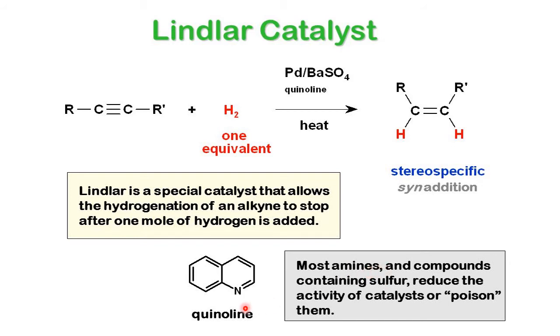Most amines, and this comes under the amine category, and compounds containing sulfur reduce the activity of the catalyst or poison it. So once you take quinoline with this, it will favor the reaction. Further addition is very difficult because quinoline acts as a poison for this catalyst. So automatically the addition reaction stops soon after. What is required from alkyne to alkene? Conversion is over, purpose is over, and it stops. Right.